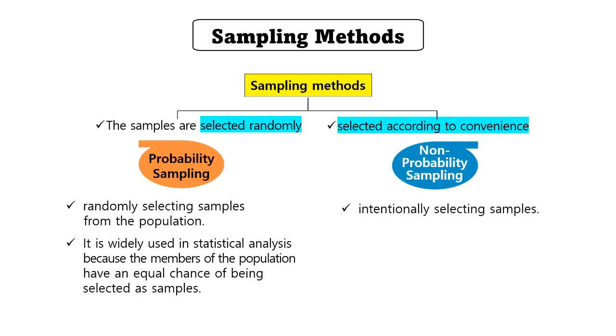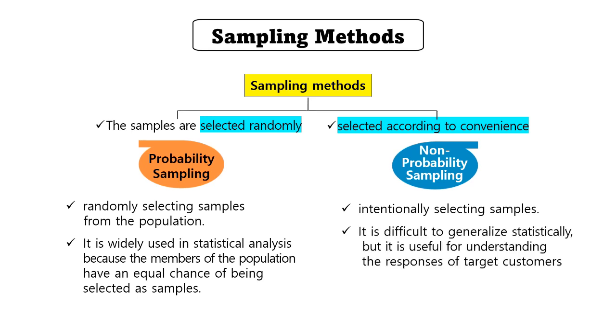On the other hand, non-probability sampling involves intentionally selecting samples. Although it is difficult to generalize statistically, it is useful for understanding the responses of target customers in activities such as new product development, brand evaluation, and advertising testing.